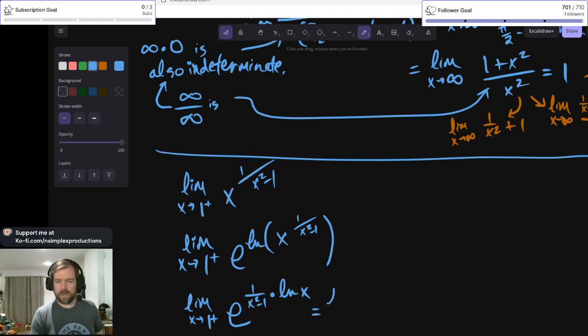Right, so then this is going to be the limit as x goes to 1 from the positive side of natural log of x over x squared minus 1.